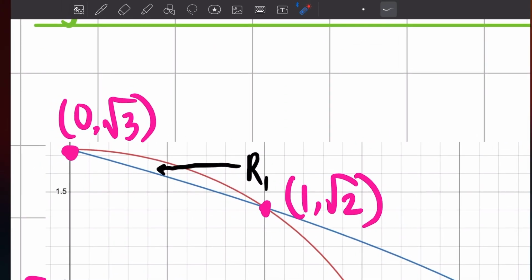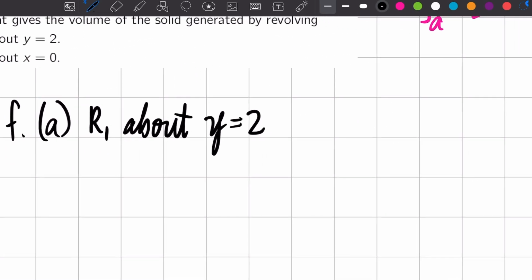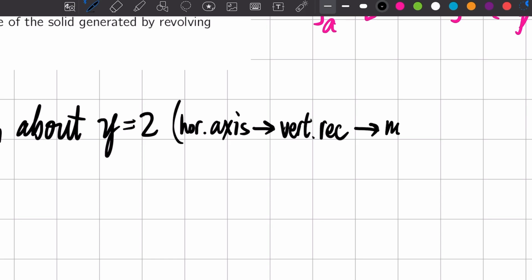And since you're using a vertical one, in order for you to span the entire region, you need to move from left to right. And so we are doing this through values of x. Okay? So what we have here is a horizontal axis, and using a horizontal axis would require you to use vertical rectangles. And vertical rectangles, that means we are moving through values of x.